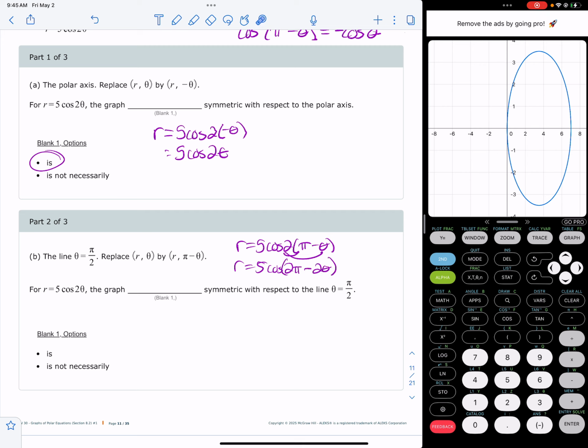All right, so now if we take 2 pi and subtract 2 theta, it's going to be the same exact angle. 2 pi plus or minus anything gives you the same exact angle. So this is essentially this, which is the same, so it is symmetric.